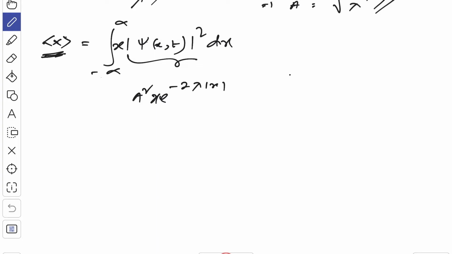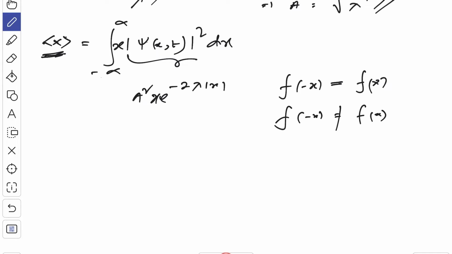Odd function means, now f of minus x, if it is equal to f of x, then it is said to be an even function. And if f of minus x is not equal to f of x, so it must be equal to minus f of x, then it is an odd function. And integration of an odd function is always 0. Remember that integration of an odd function is always 0.